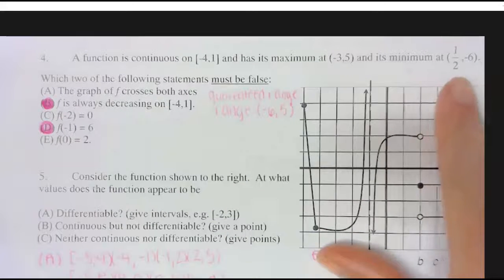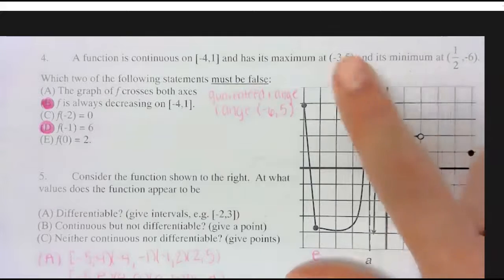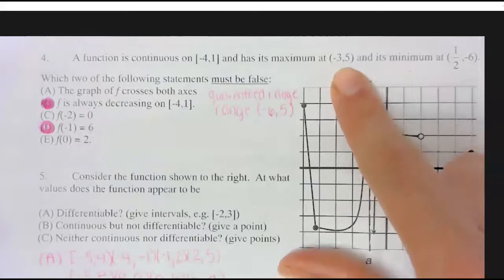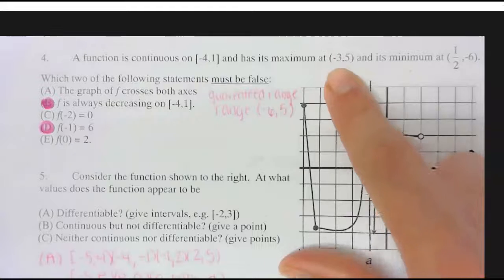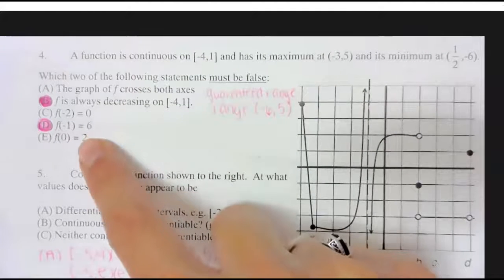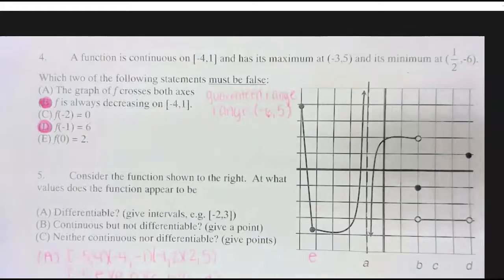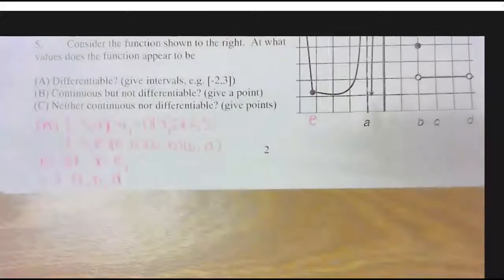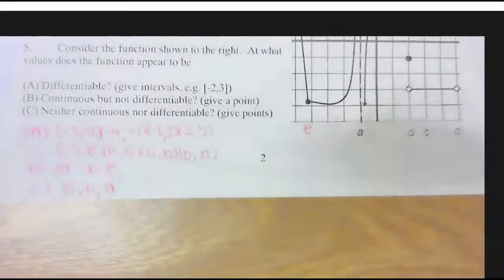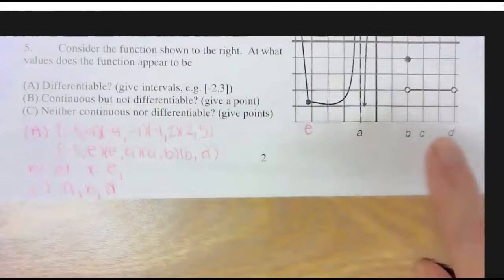Then we're told that the minimum is at 1/2, -6. Max at -3.5. If the max is at -3.5, I cannot have a function value at 6. Okay, I'm pretty sure when this printed that these letters got shifted.